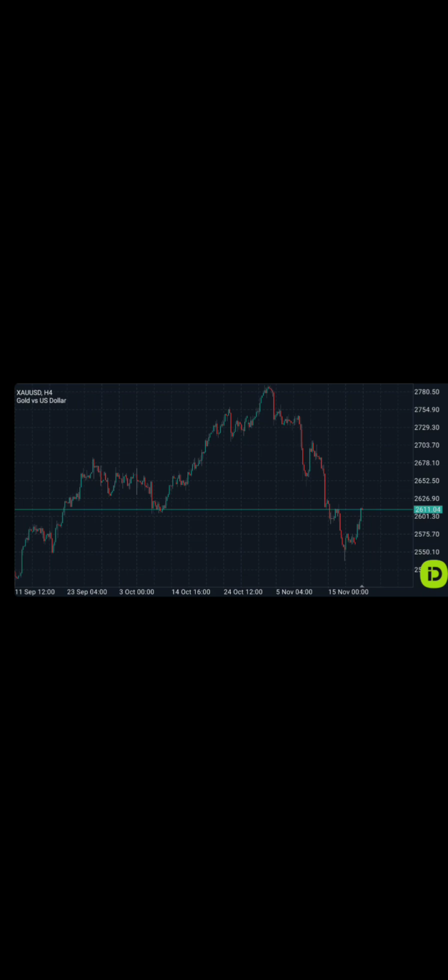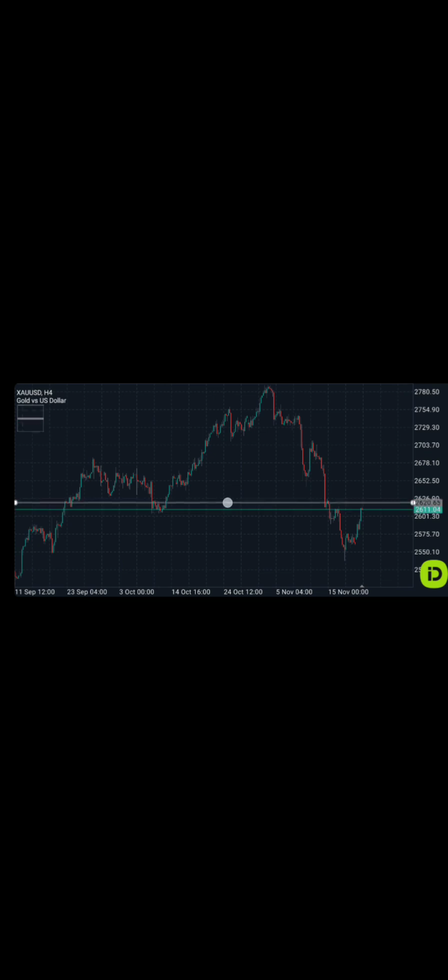So we are going to plot the support and resistance levels on H4. I'm going to use that gray line. So how am I supposed to plot these levels?